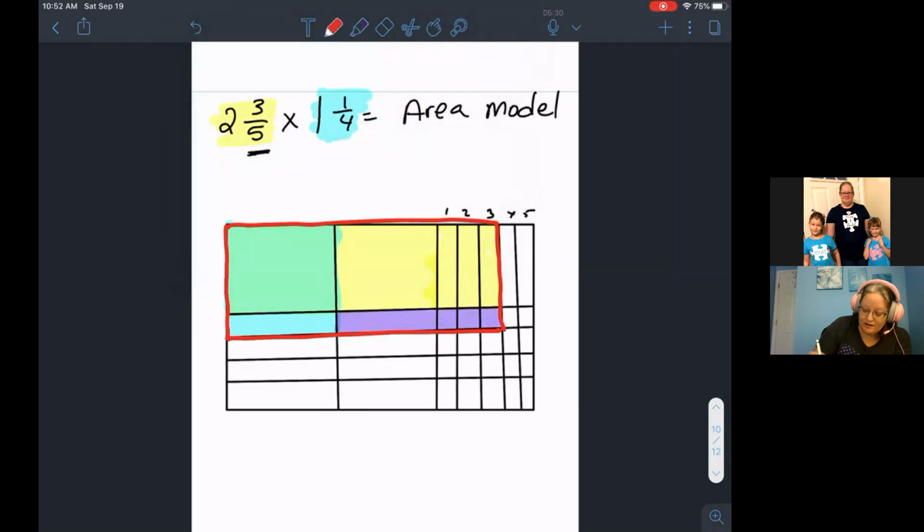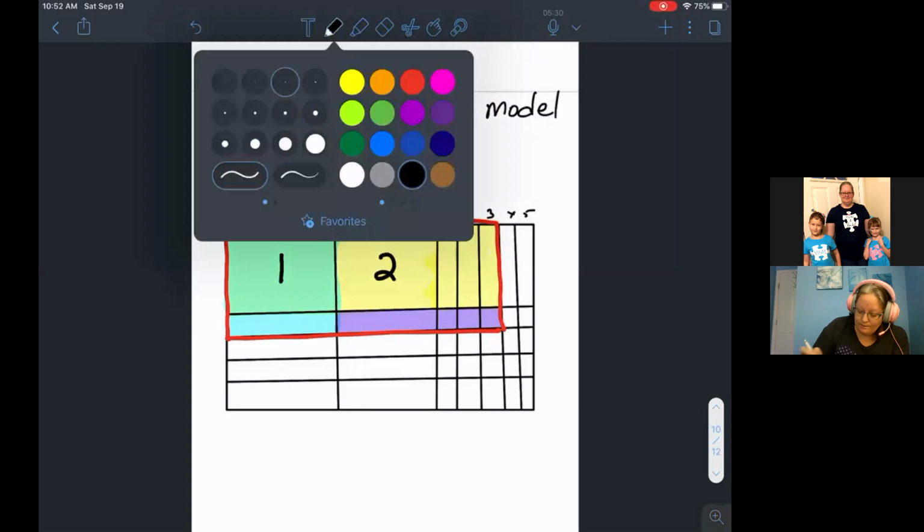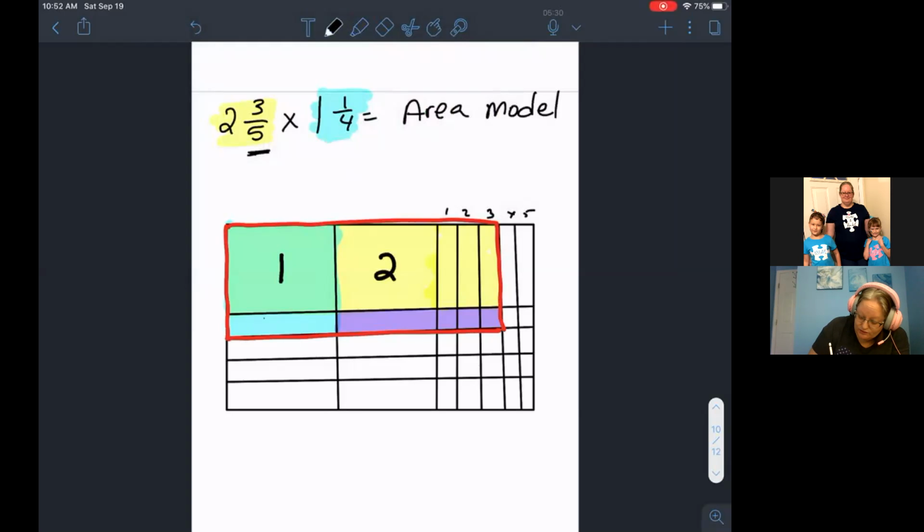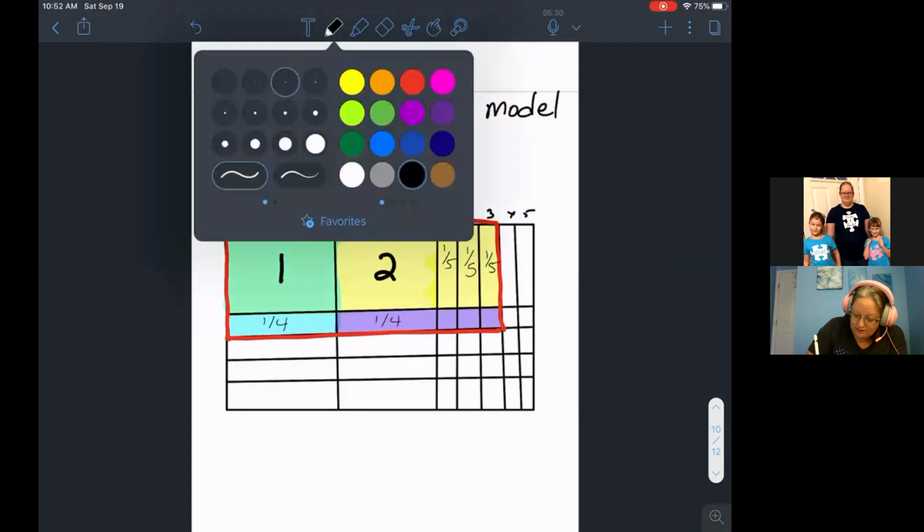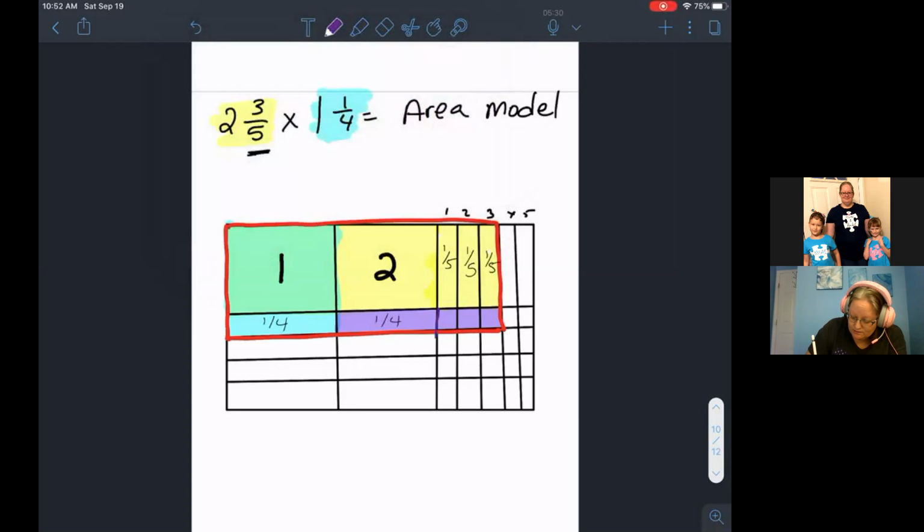Okay. So we know this is a full unit. This is a full unit. Then this was equal to 1/4, 1/4, 1/5, 1/5, 1/5. And then we've got this section. If we do this whole unit right here, let's see how many it's divided into.